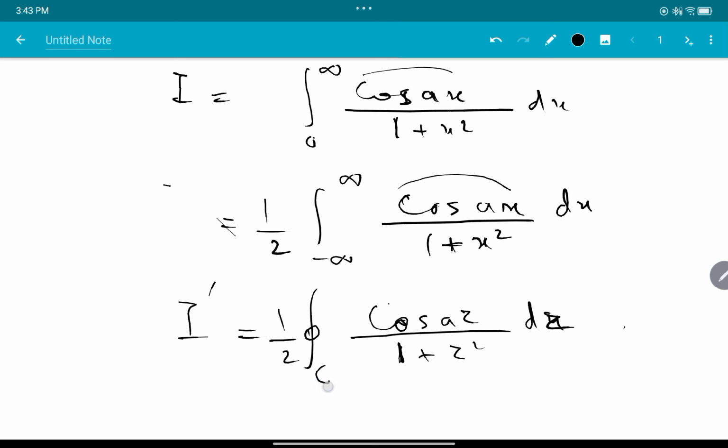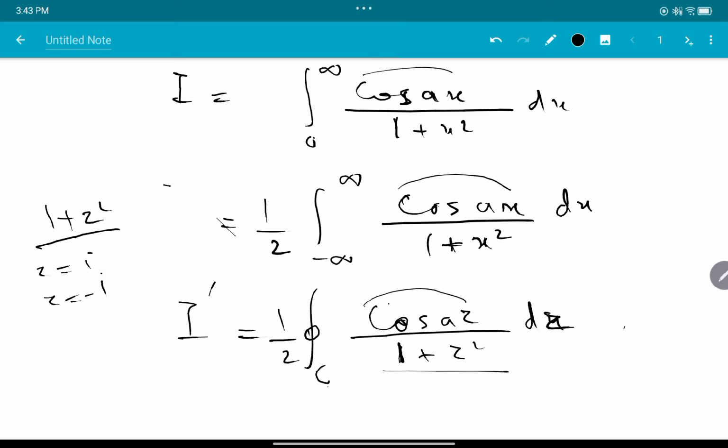How do we decide this contour? We decide it by looking at the singularities of this function. The function e raised to i a z doesn't have any singularity. However, 1 by 1 plus z square, as we examined in the previous video, has two singularities, one at z is equal to i, another at z is equal to minus i.